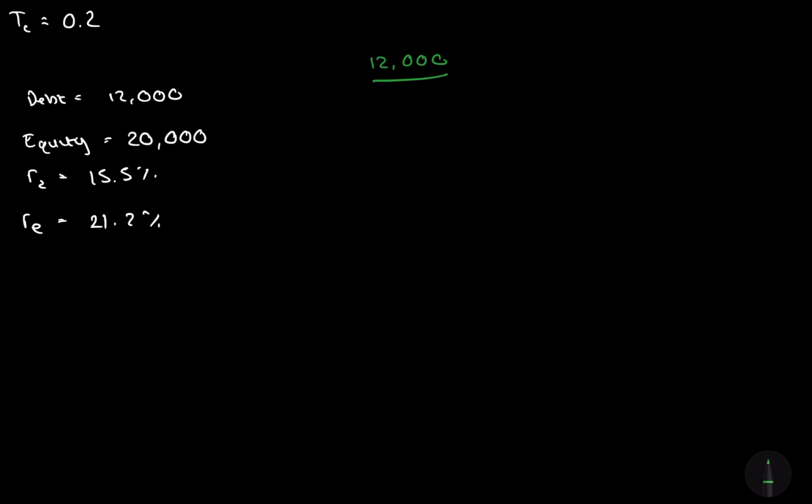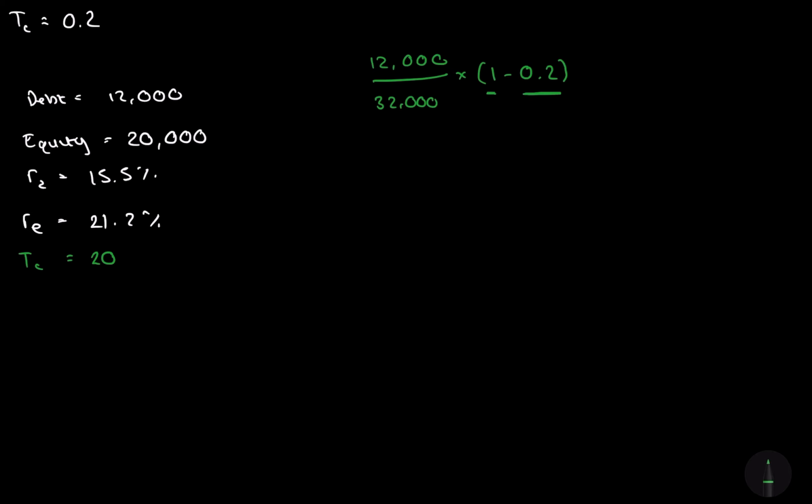Obviously 12,000 plus 20,000 is 32,000. Now, times by 1 minus the corporation tax. Let's say corporation tax, once again, 20%. Now, what we do here is we put 0.2, because essentially our interest deducts from the full amount of tax. Imagine this 1 as the full amount of tax, and we're paying 20% corporation tax.